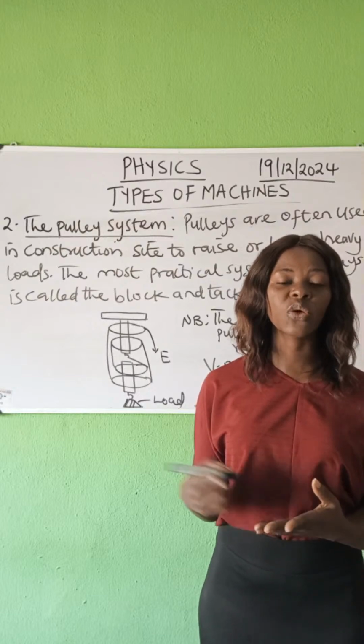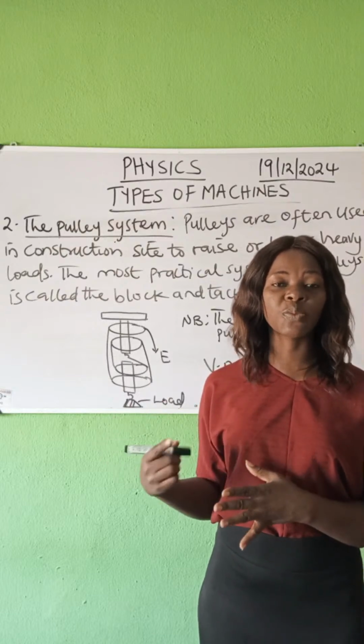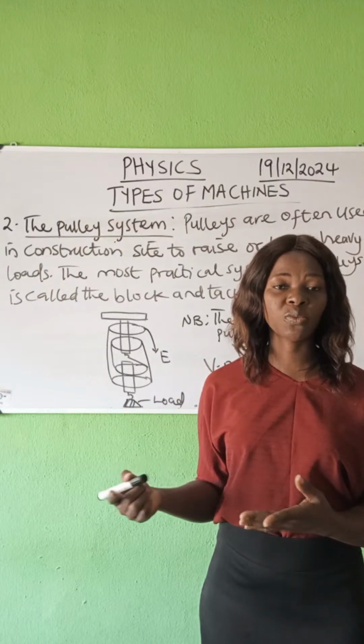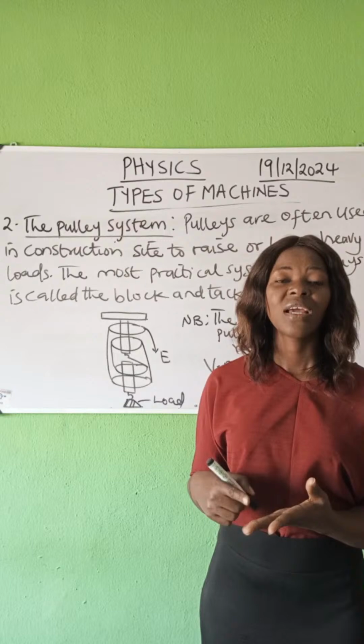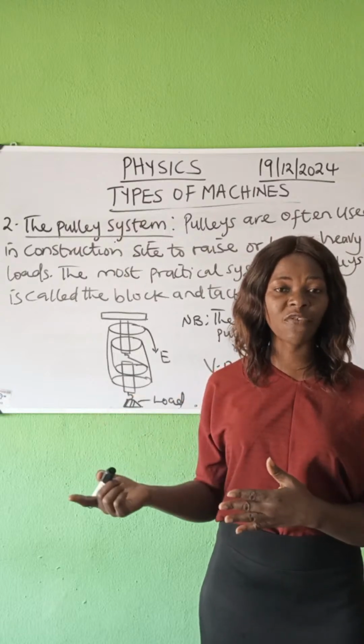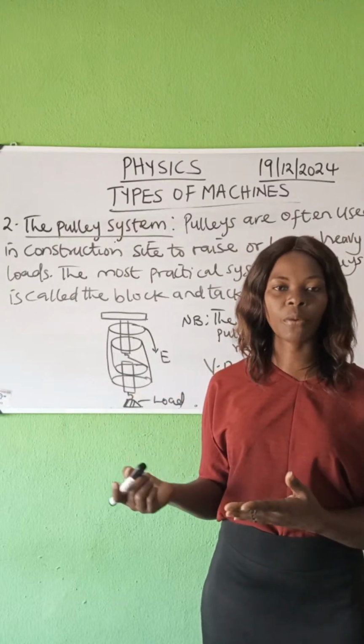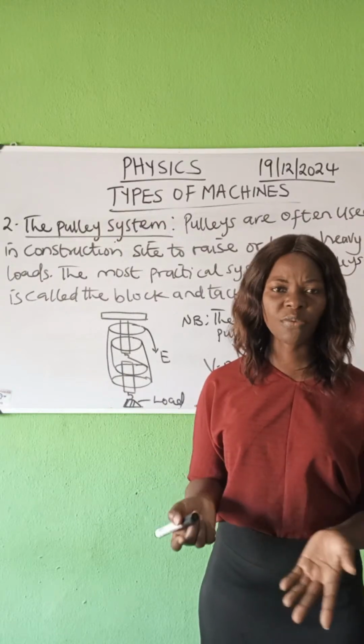Do you understand? So in these different types of machines you're going to be discussing today or maybe tomorrow, you're going to be seeing different types of formulas for velocity ratios. Then we use that and relate it to the main formulas that we already know. We'll solve problems relating them. I hope that is clear.